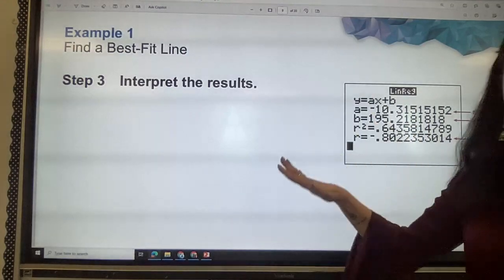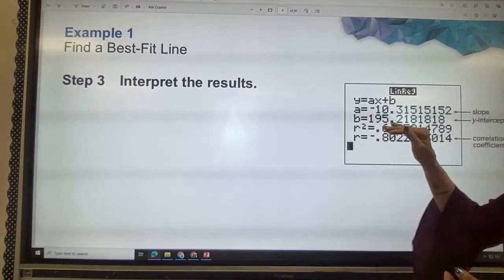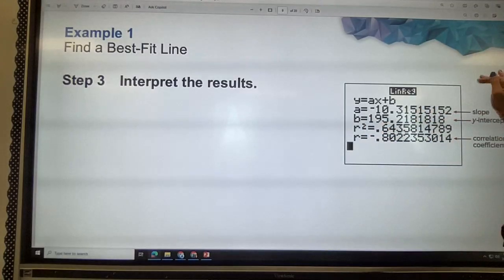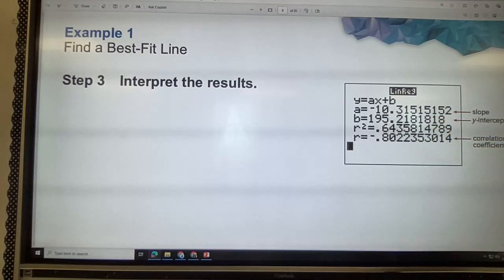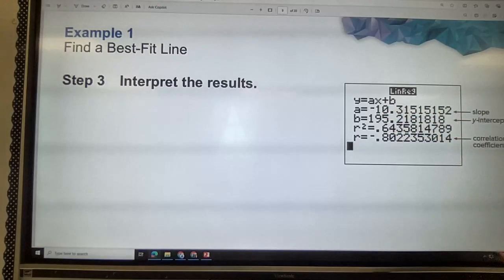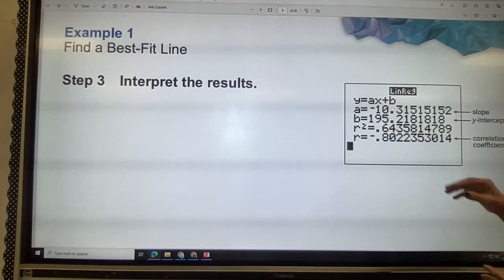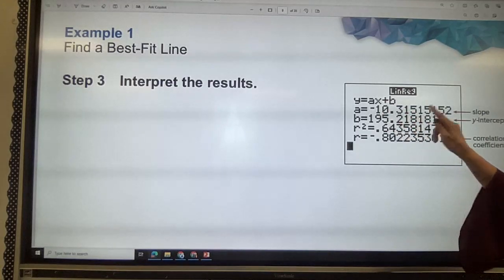So it's automatically doing all that calculation for us. And of course, if you have long numbers like this, you want to round to the hundredth place value. So this would be -10.32 is my slope, and my y-intercept is 195.22.